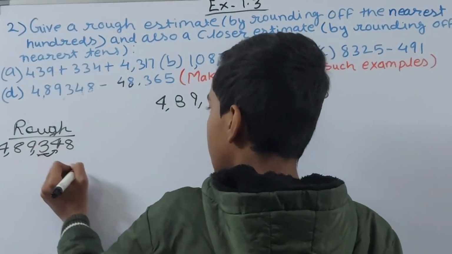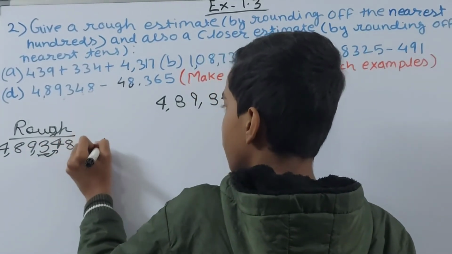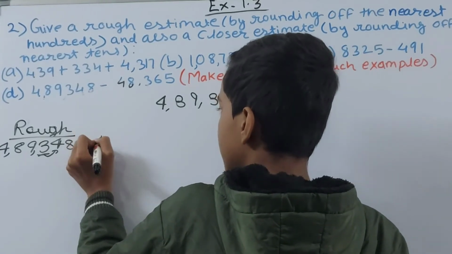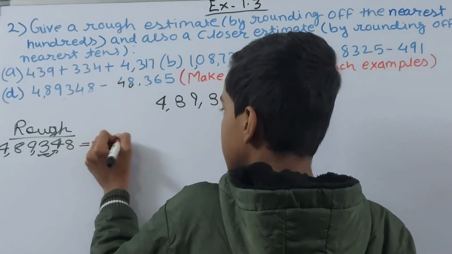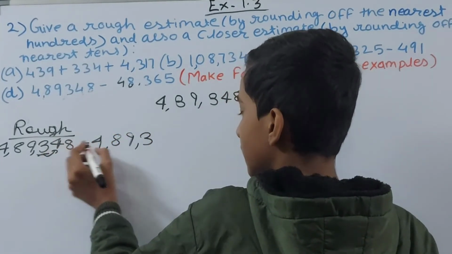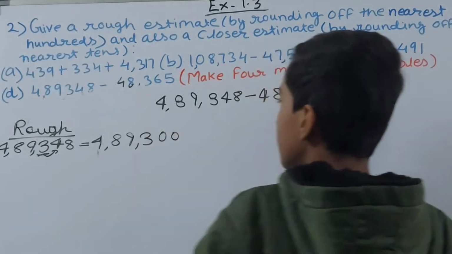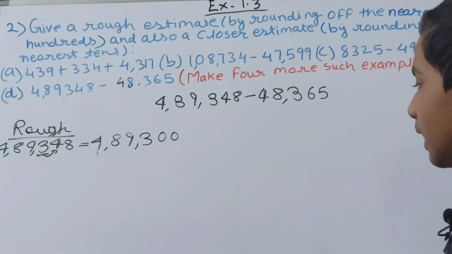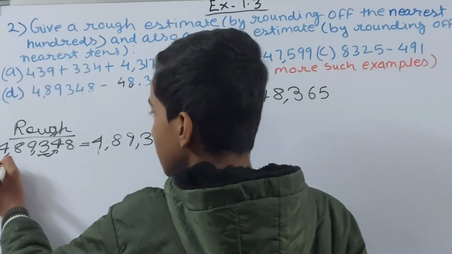Move one place back to it, 4. That means 4 lakh. So we get 4 lakh here, 89,000. This 3 will be as it is, and this 4 and 8 will turn to 0. So 4,89,300.